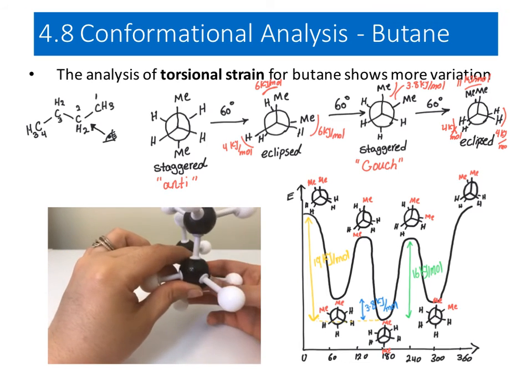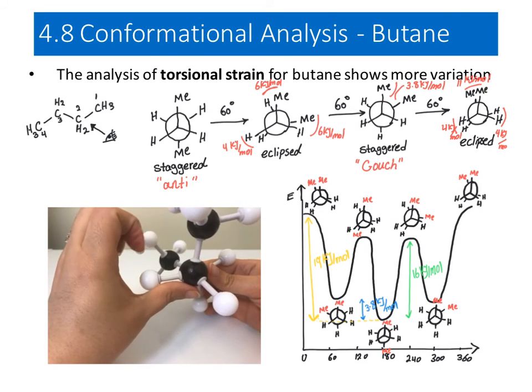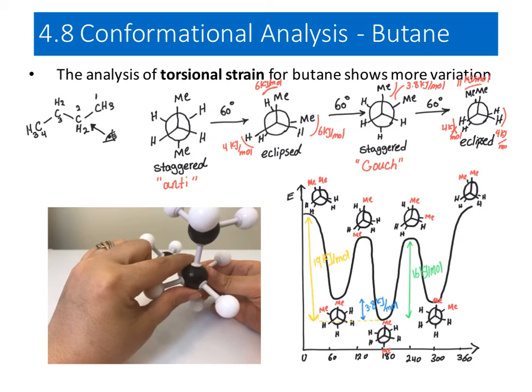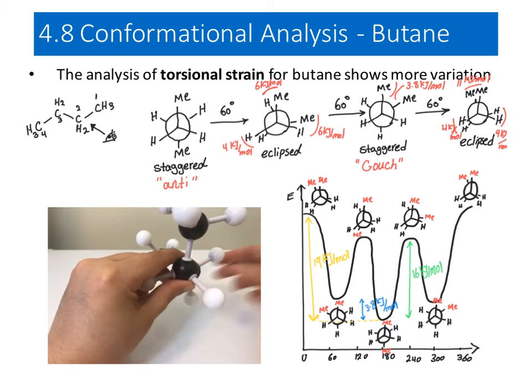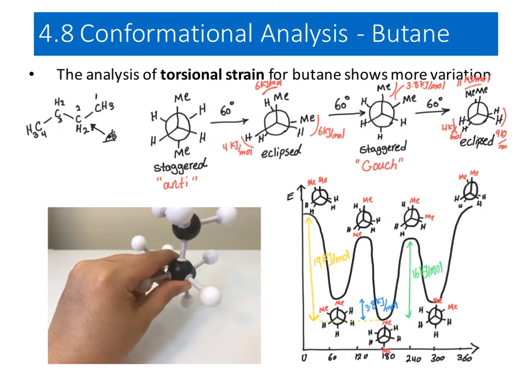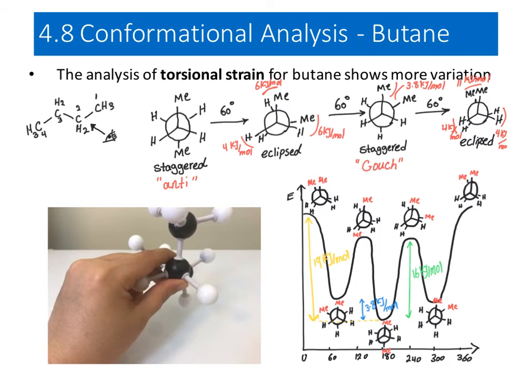Now, if you rotate the molecule for 60 degrees, you get to the staggered conformation, and it is gauche. This is the specific one. This is a gauche conformation where the methyl still have interaction with one another right here.